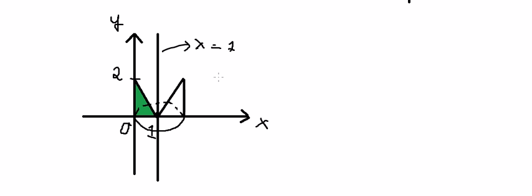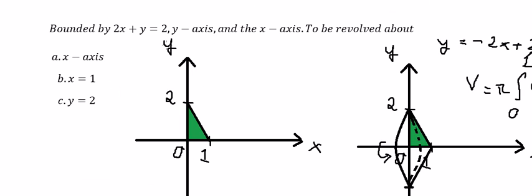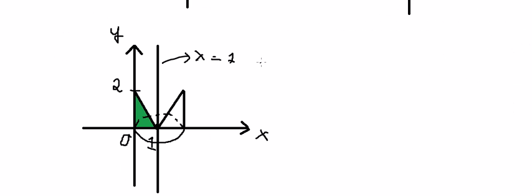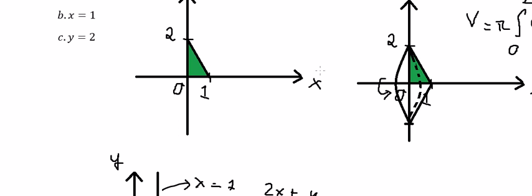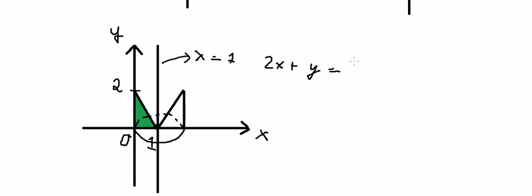And for the answer of this one, we need to change into x. So we have 2x plus y equals 2. So we get x equals 2 minus y divided by 2.